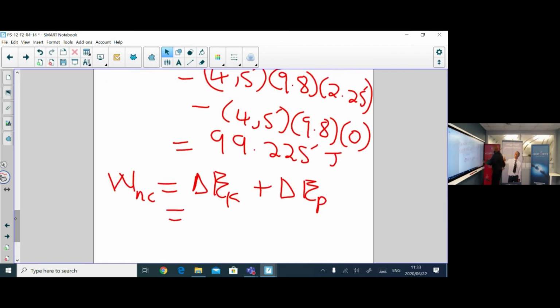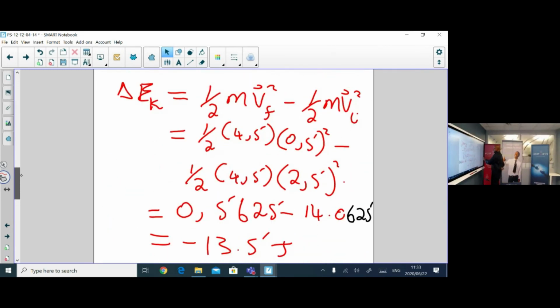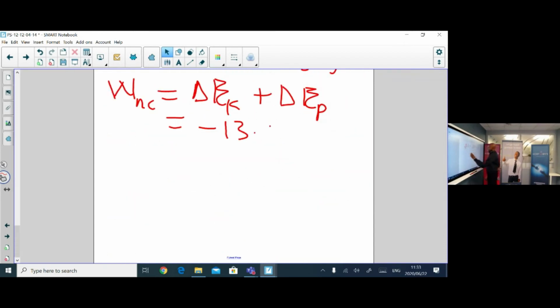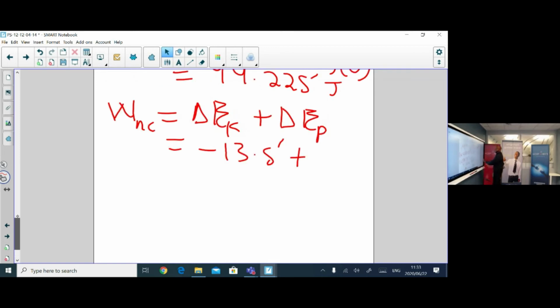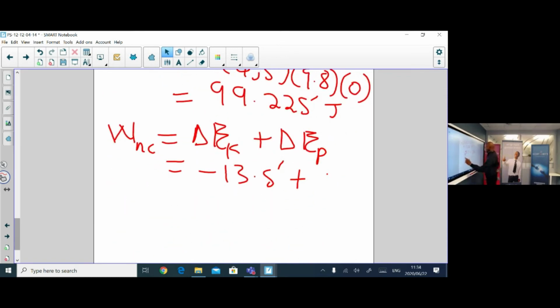We have calculated the change in EK. Change in EK is minus 13.5 joules. Plus the change in EP. The change in EP is 99.225. Okay, all of them are in joules.